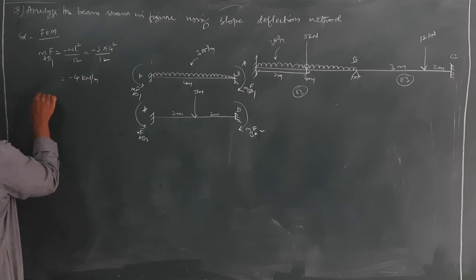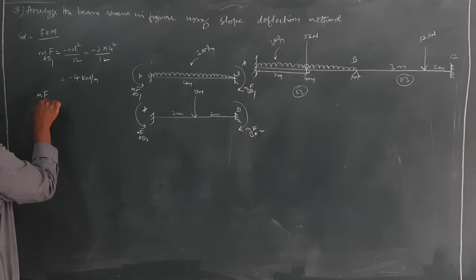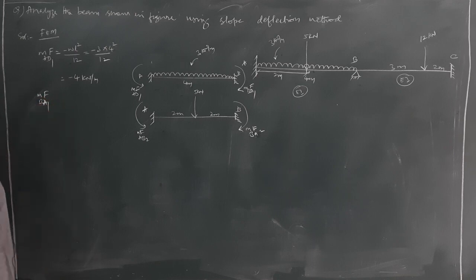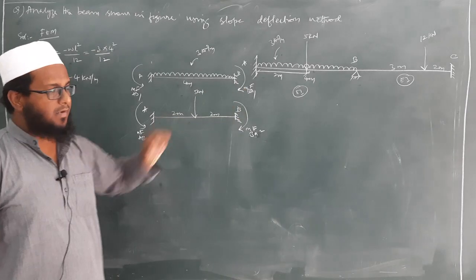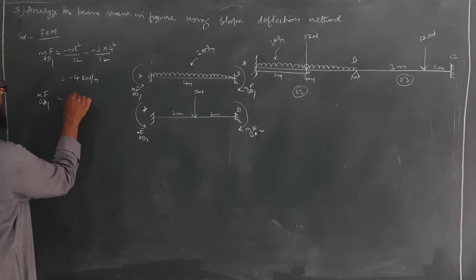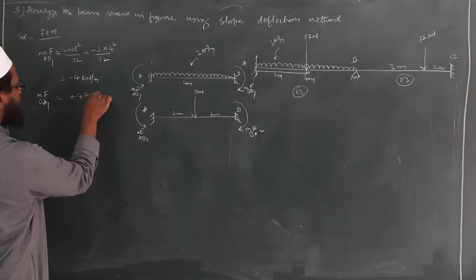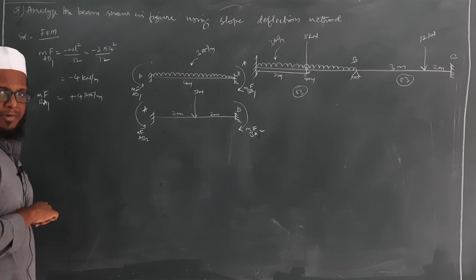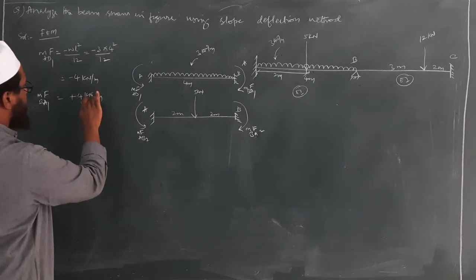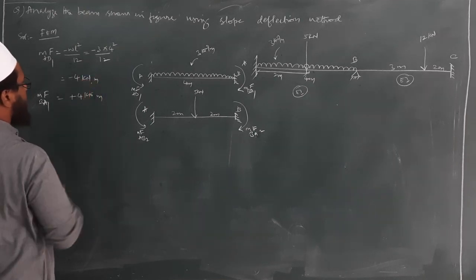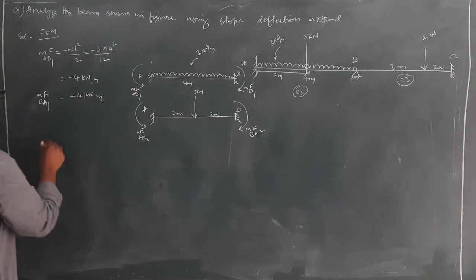What about MFBA1? MFBA1 is plus 4 kilonewton meter. Sorry, I was writing per meter, it is kilonewton meter.